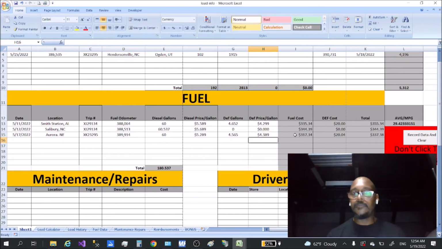Okay, and if you can see off to the right, everything is formulated. Your formulas. Everything in the gray boxes are all formulas. Okay.